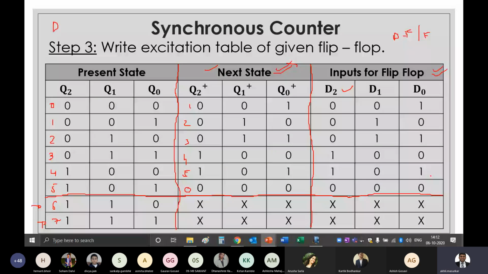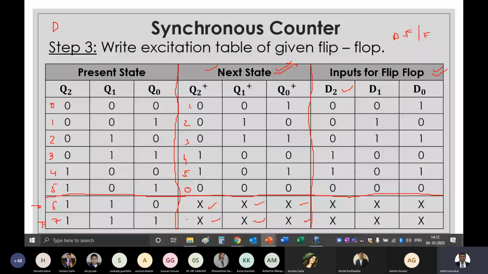Please note the next state in this case for 6 and 7 is don't care. You have defined the next state of 5 as 0, so the counter will go to 0. And what the next state for 6 and 7 is, we really don't care about it.